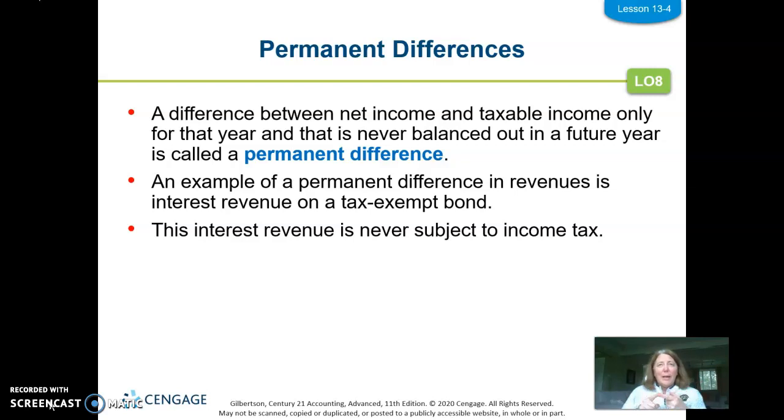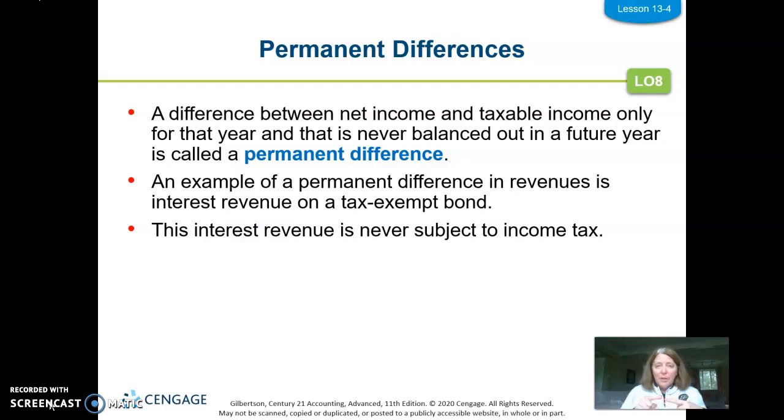So that is one thing. The other thing I would add to my notes on this slide is that it also includes cash payments that are not deductible for tax purposes, but are expenses for net income. Things that aren't deductible for tax, so I'll never exclude or subtract them out of taxable income. And these include these four that I would know.